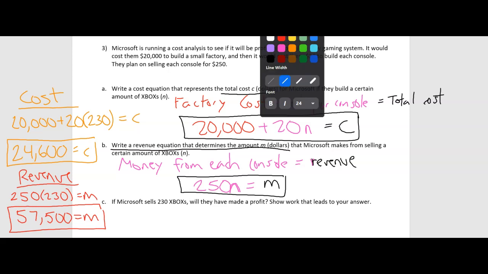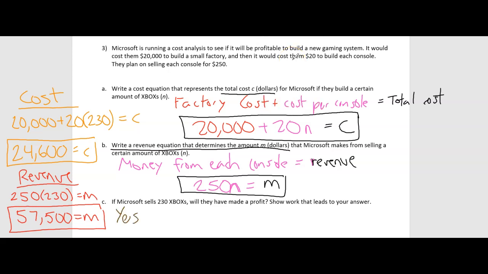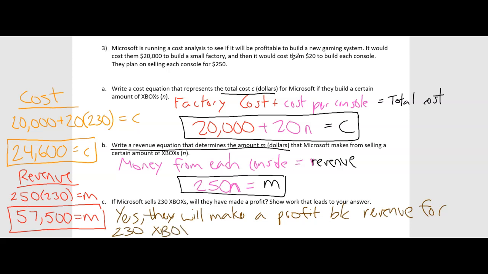So we can say yes, they will make a profit, because revenue for 230 Xboxes is greater than the cost. And that's what businesses are looking for, right? They want the amount that they sell to be greater than the amount that it costs them to make those items. Otherwise, they're going to go out of business, right? Because they're never going to make any money.